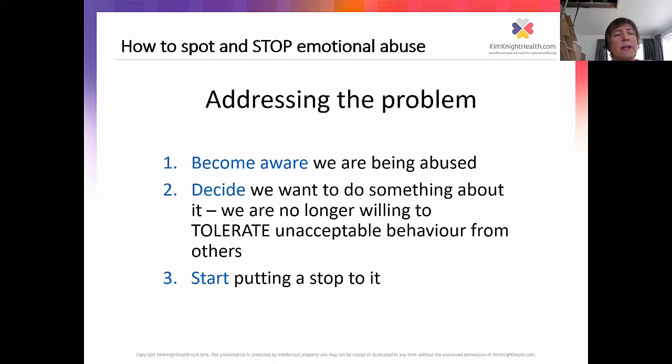And once I became aware, I then started to become aware that there's something wrong here. It doesn't feel right. I'm not happy. Something has to change. So that was when I came to step 2, which was to decide that I wanted to do something about it. I had to make a decision. Now, that process went on for 6 months.